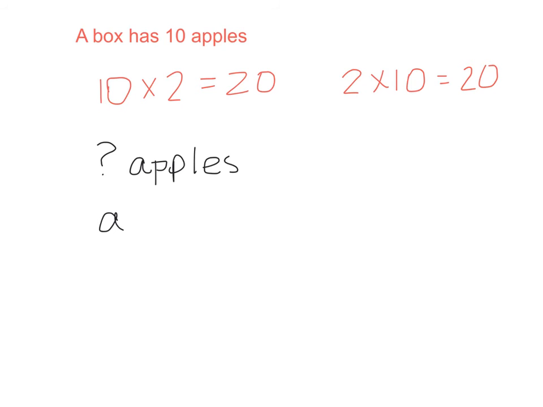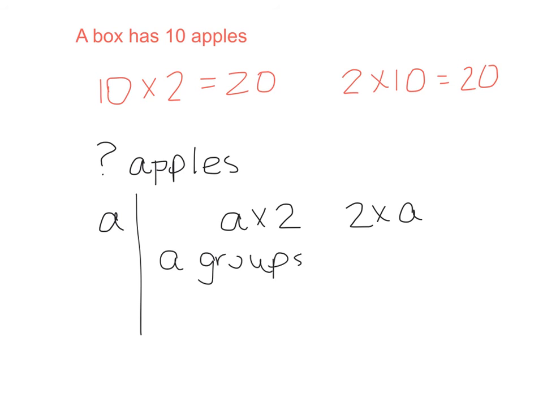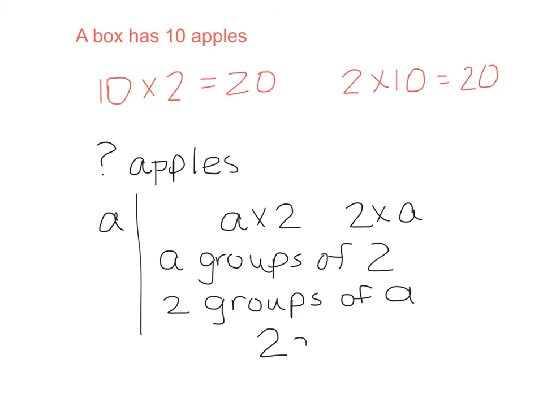So if I had 2 such boxes of those, then I would have A times 2 boxes, or 2 times A boxes, or A groups of 2, 2 groups of A, or the algebraic way to start writing multiplication is simply 2A, because this X kind of looks like the multiplication symbol, and we won't know if it's an X or a multiplication symbol.